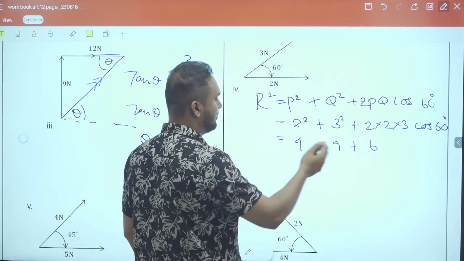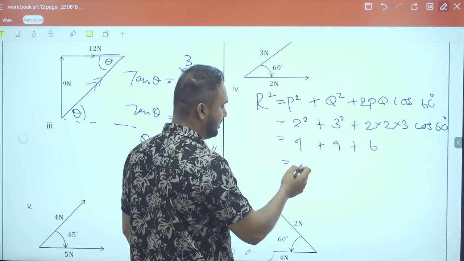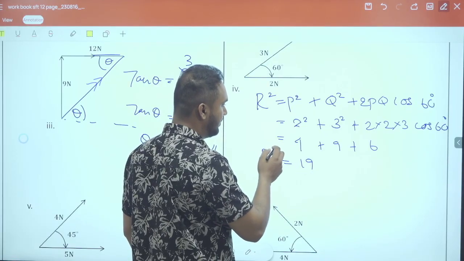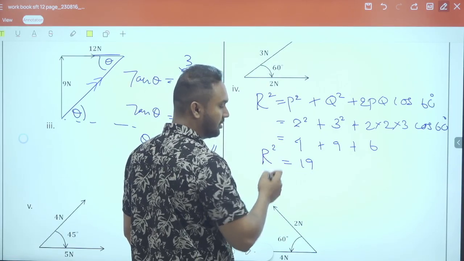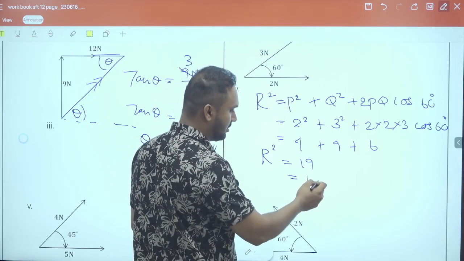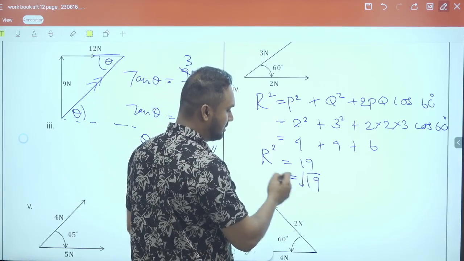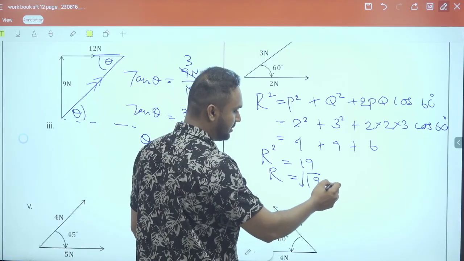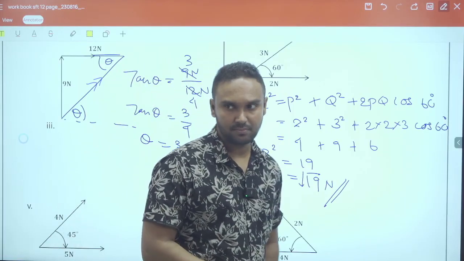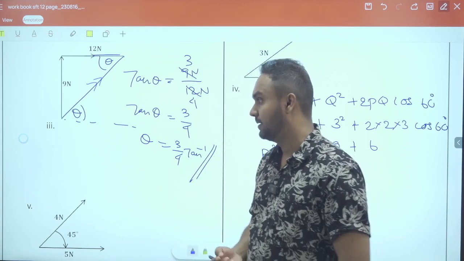So 6 plus 4 is 10, 10 plus 9 is 19. Can 19 be divided into surds? Can't, right? It doesn't have any factors. So root 19 newtons is the final answer.